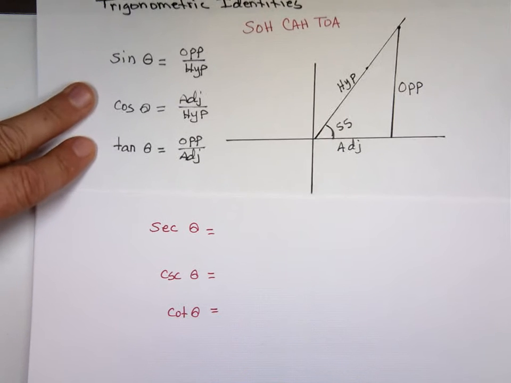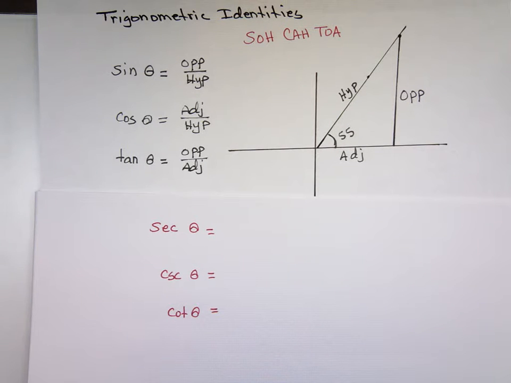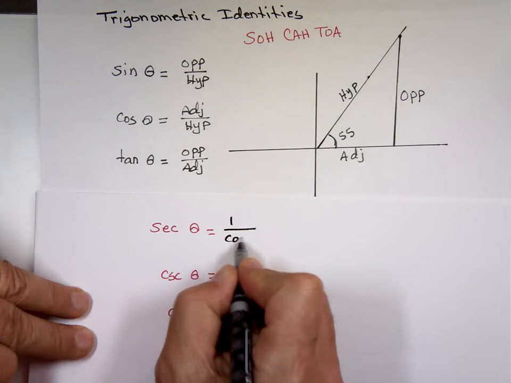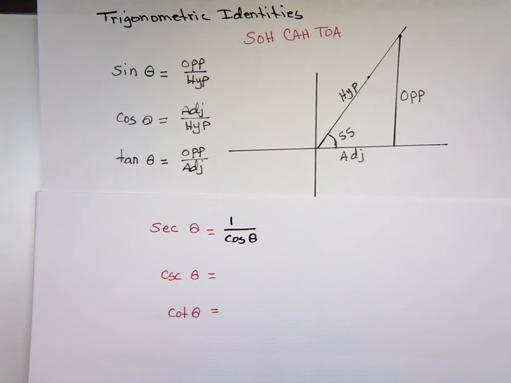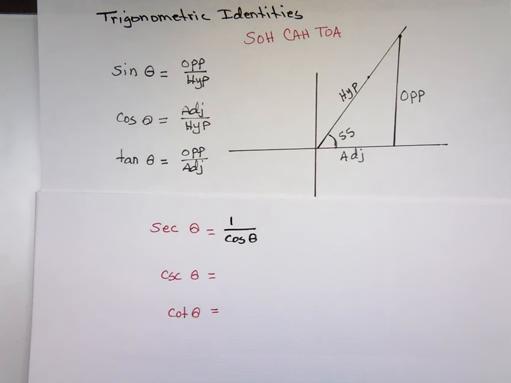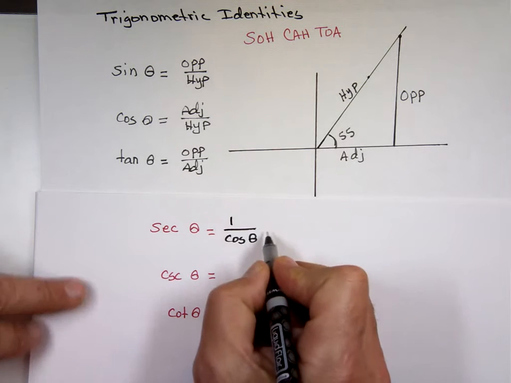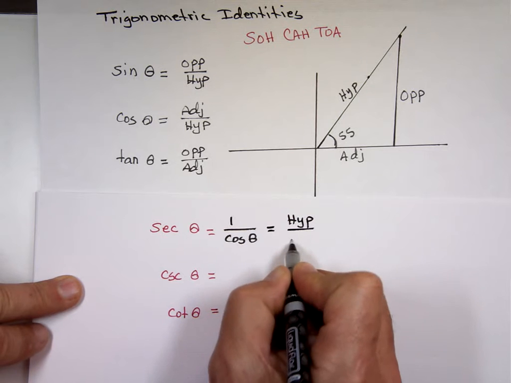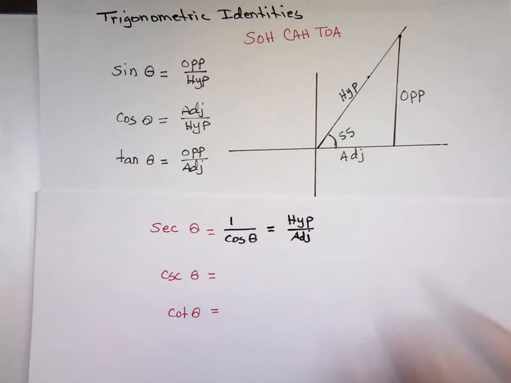We have to remember that the secant is equal to what? 1 over the cosine. So since the cosine is the adjacent over the hypotenuse, that means the secant is the hypotenuse over the adjacent.